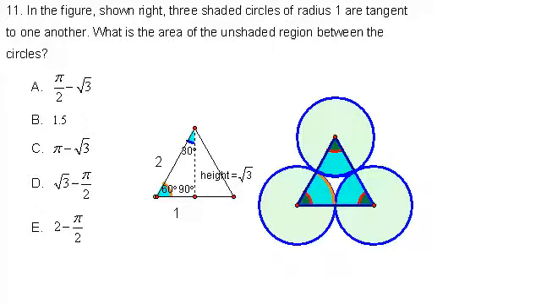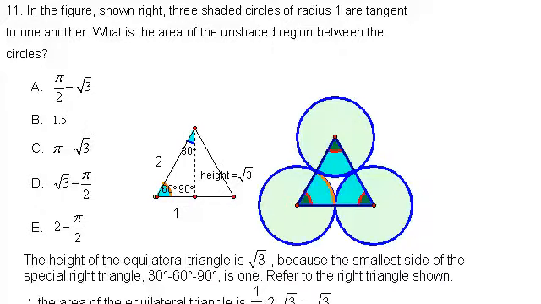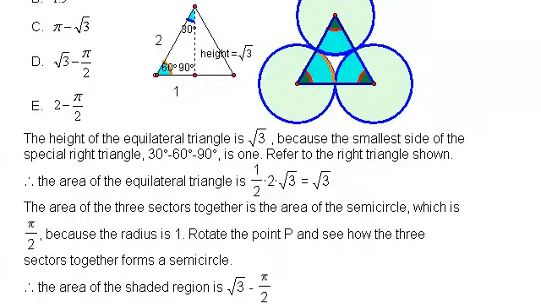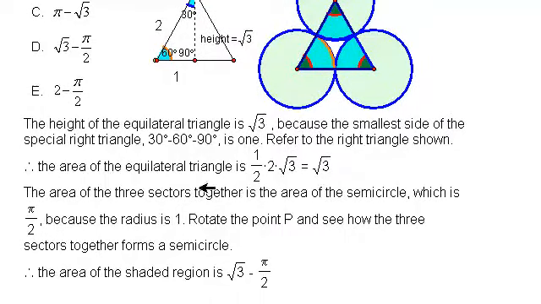I'm also going to show you the written statement, so that if you want to read it, you can read it later by watching the video again and again. My written answer is this, which you can read. The equilateral triangle has an area of square root 3, and the three sectors together make a semicircle, so the area is pi over 2.